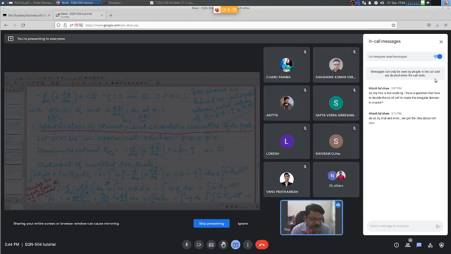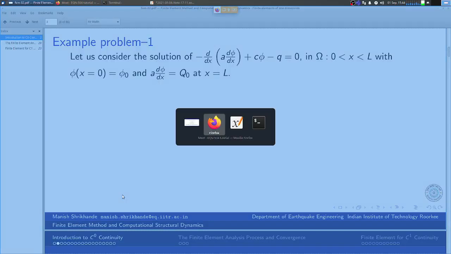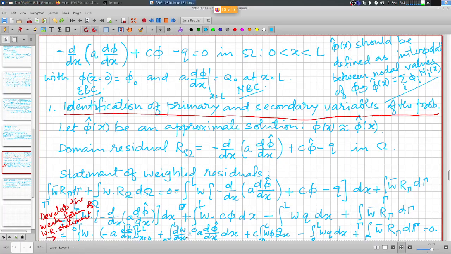You stop integration by parts at the point when you get this particular form, which is symmetric with respect to the operator. If you interchange w and phi hat, nothing changes. These two terms are called a symmetric bilinear form.